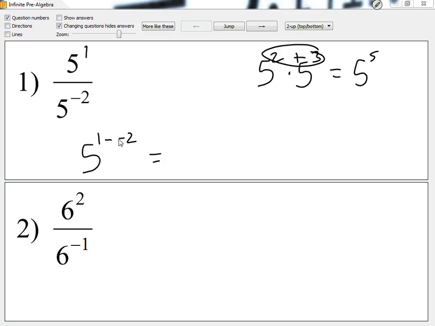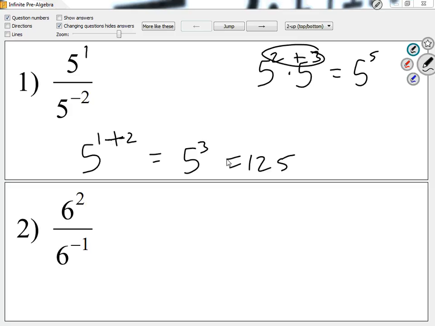How much is 1 minus a negative 2? Not negative, it's positive 3. So we get 5 to the 3, because remember, 2 negative signs become a plus sign, so that's 5 to the third. And then obviously work it out. How much is 5 to the third? 125.